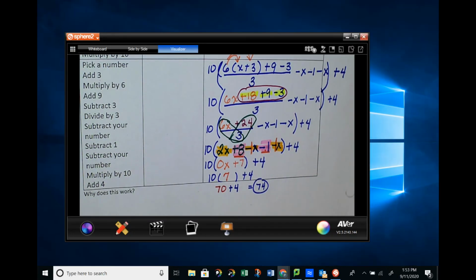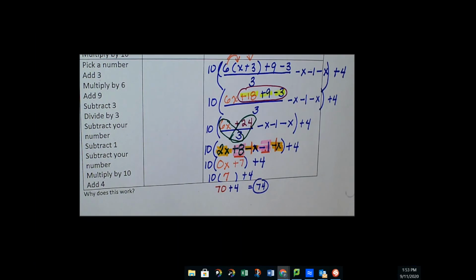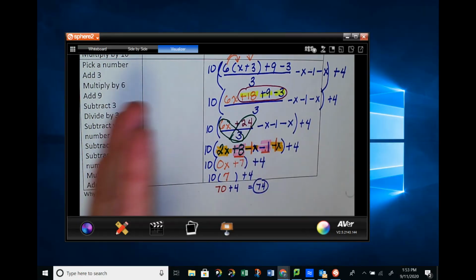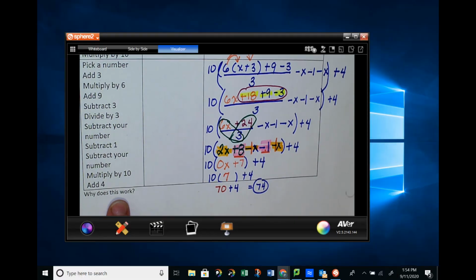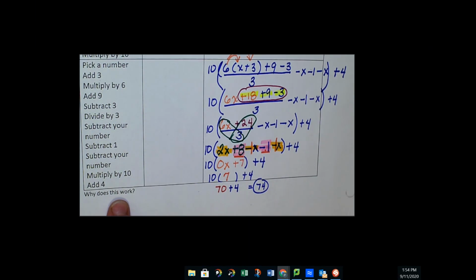So now when we go through and do this, this should work out pretty well. This should work out that this was our original guess, and we should have done this correctly. My question to you is, now that I've given you this video, why does this actually work? Why does this little number trick actually work? You're going to have to figure out why your number trick works.